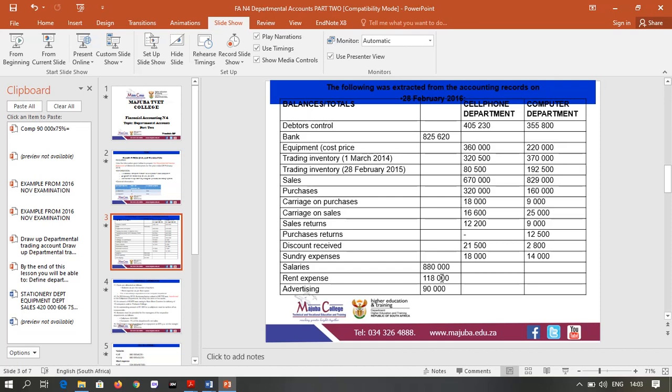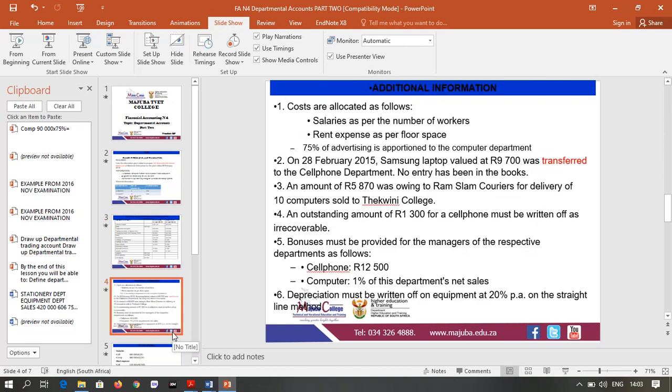That gives a clue that you need more information to calculate salaries for the cell phone department and salaries for the computer department. The same applies to the rent paid for these two departments, which means we need to calculate them. Advertising, again, we need to calculate what percentage goes to which department.